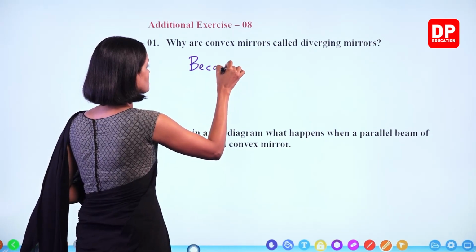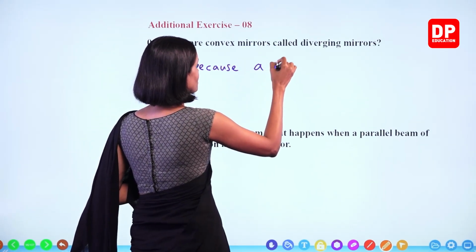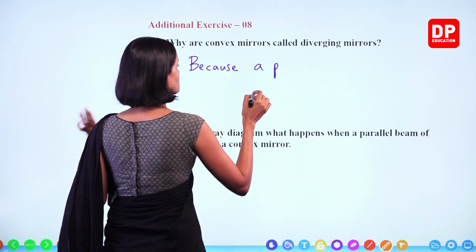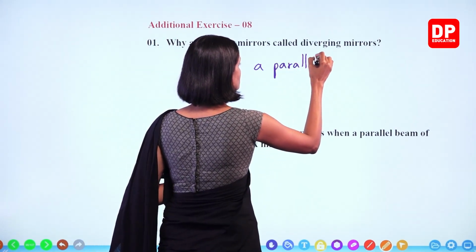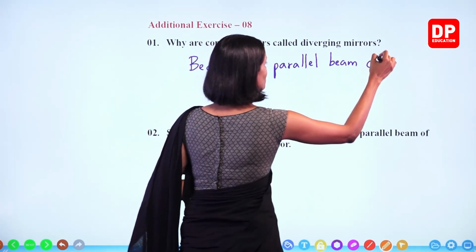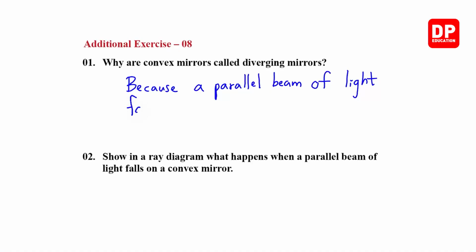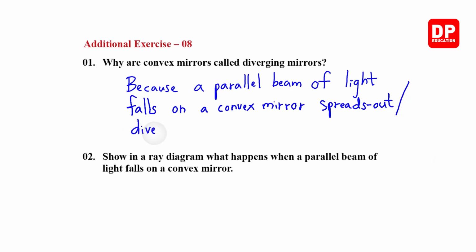Because a parallel beam of light falls on a convex mirror spreads out, or we can simply say diverges after reflection.